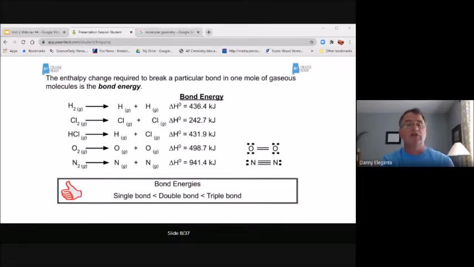This goes back to bonds. To break those apart, it's going to take this amount of energy. That bond energy differs greatly, again, based on Coulomb's law.